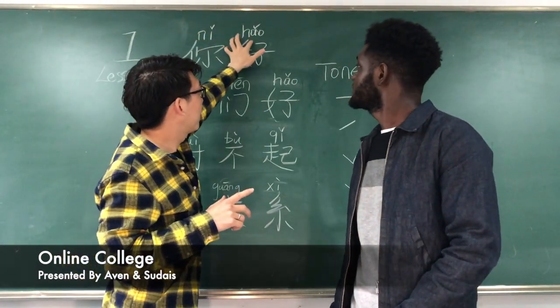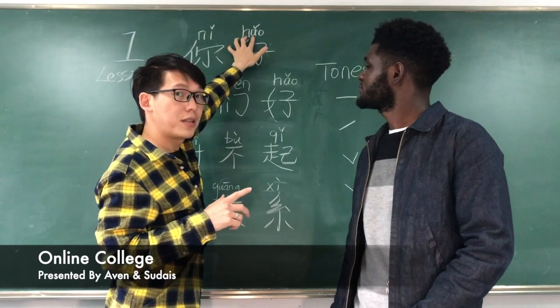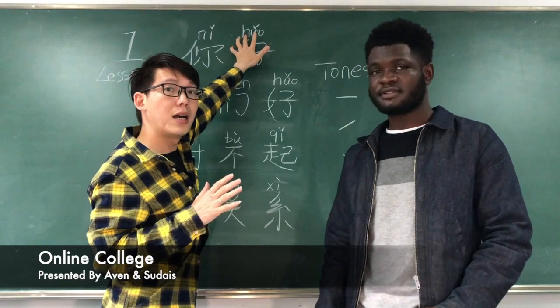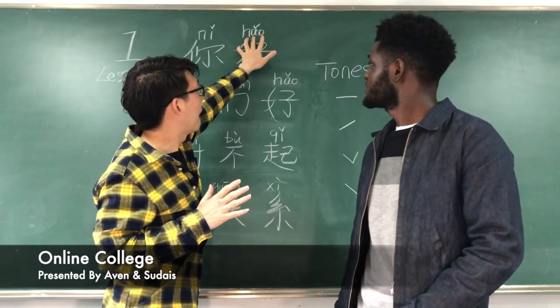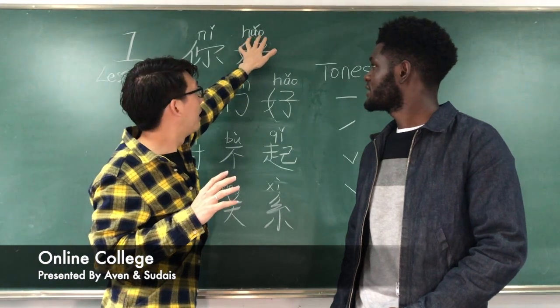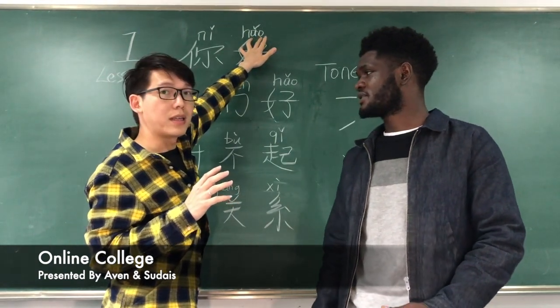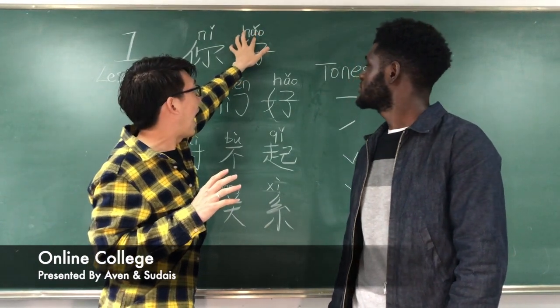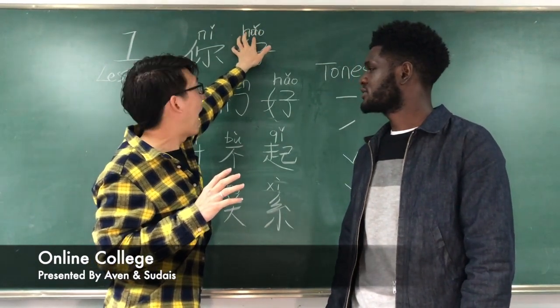And this one, H, A, O. H is h. A in Chinese is spelled like "ah". O in Chinese is O. A, O, ao.